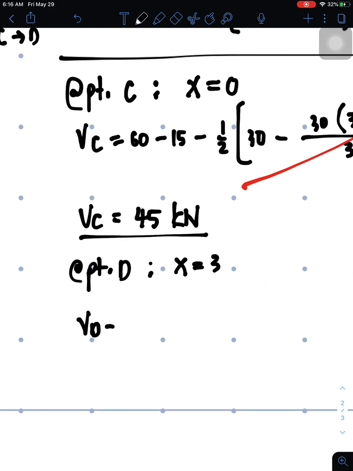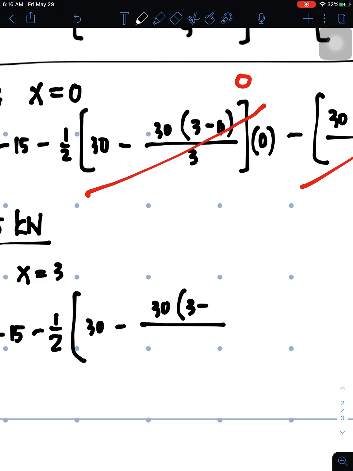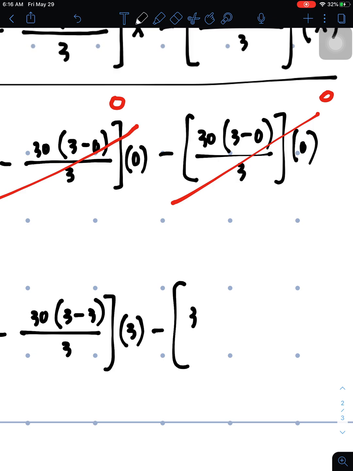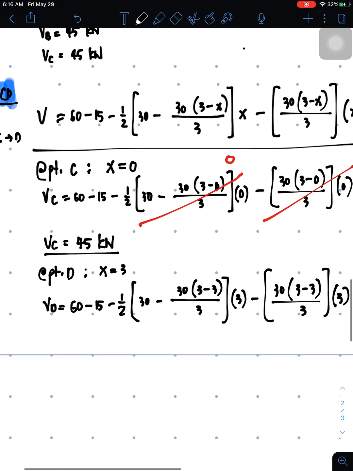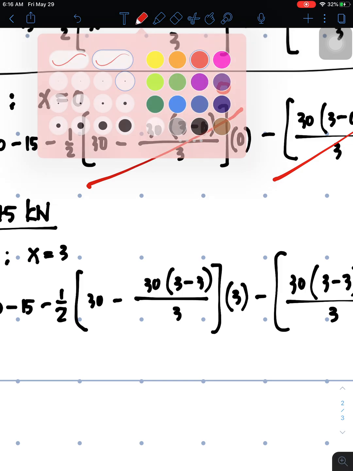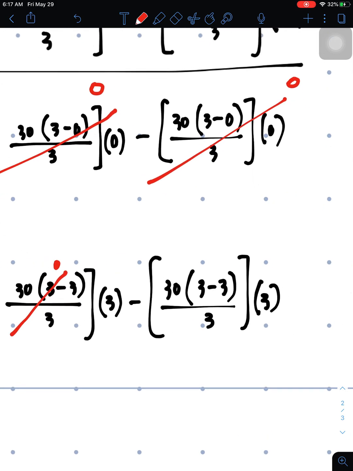Copy the same: VD equal to 60 minus 15 minus 1/2 times 30 times 3 minus 30 over 3 times 30, then minus 30 times 3 minus 3 over 3 times another 30. We have here a term that becomes 0, but not the whole term, just that one. This one is 0 because 3 minus 3 is 0.